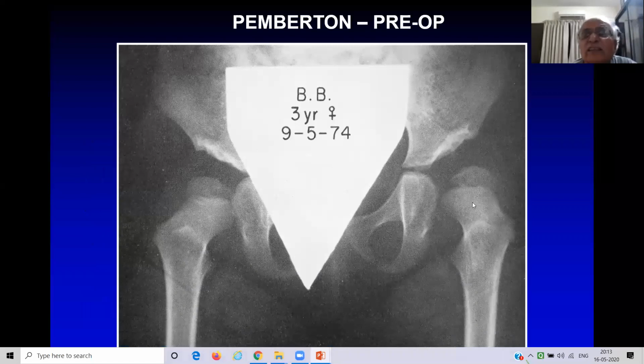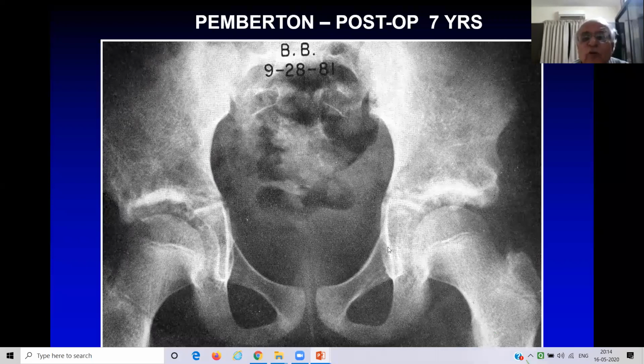This is a 3-year-old boy, look at the opposite side and look at this side. Look at the wide teardrop. It is subluxating. Medial joint space is much more. And look at this after the osteotomy. This is a couple of years later, and look at this teardrop.